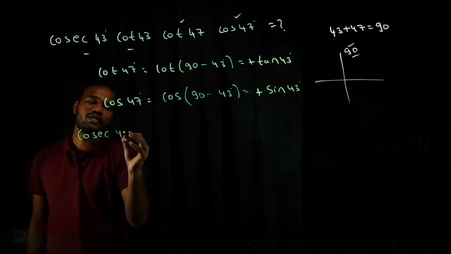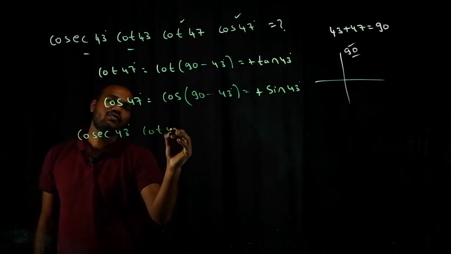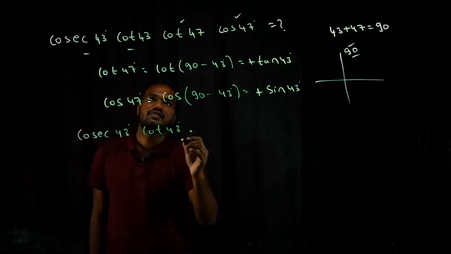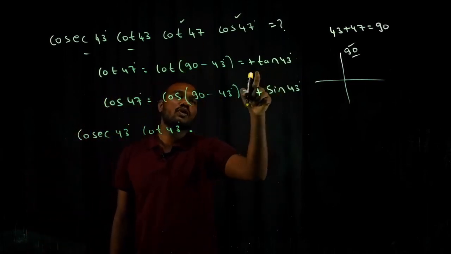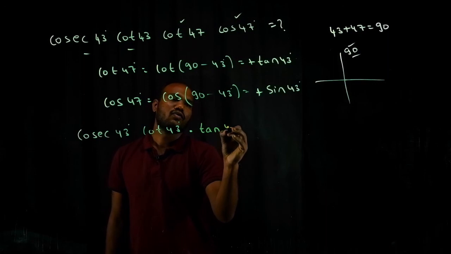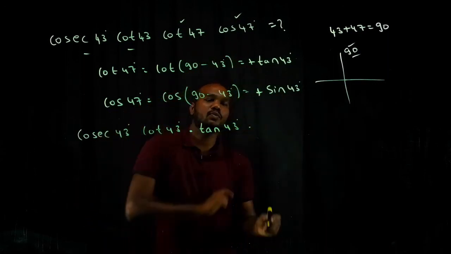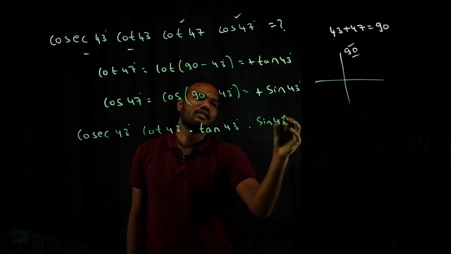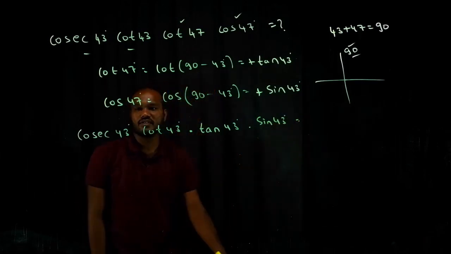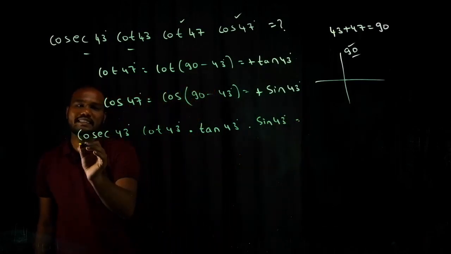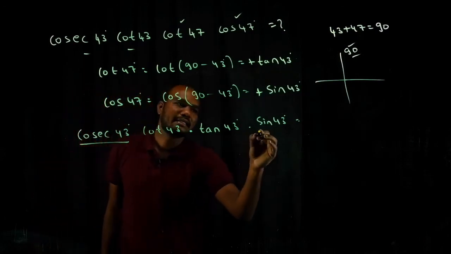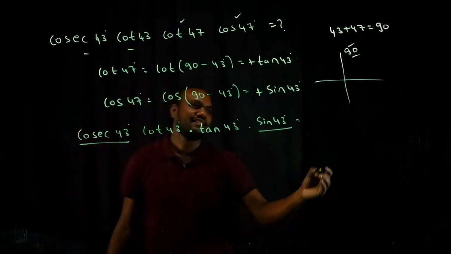Cosecant 43 degree, cot 43 degree times cot 47 can be written as what? Tan 43 degree times, and cos 47 degree can be written as what? Sine 43 degree. Now see here. Now cosecant theta, sin theta get cancelled.